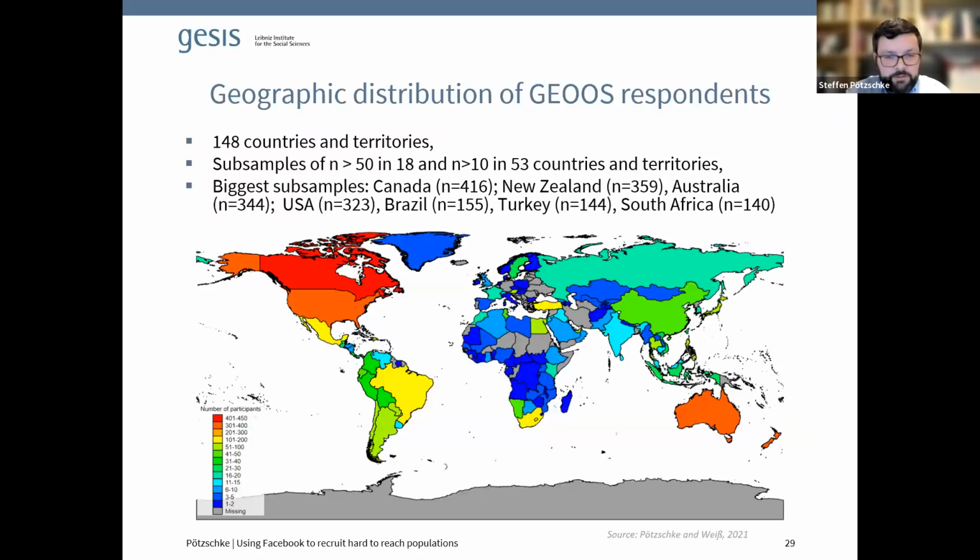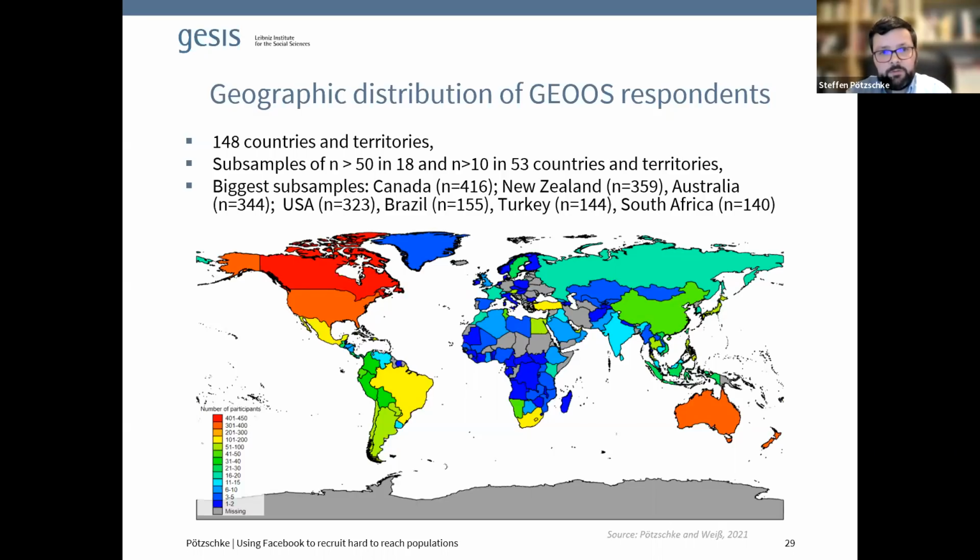Here you can see the distribution which we reached based on our location targeting approach. This is only, of course, referring to completed surveys. We have respondents in 148 countries and territories. Again, keep in mind, we used just over 2,200 euro for that.